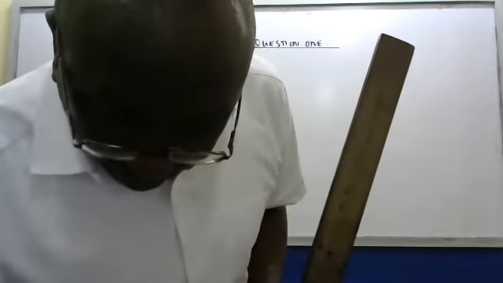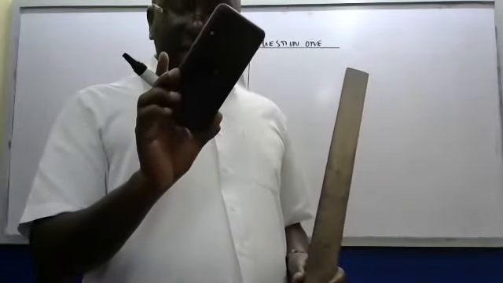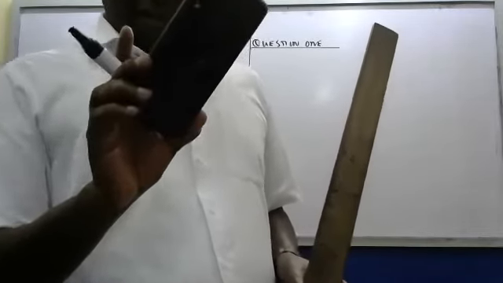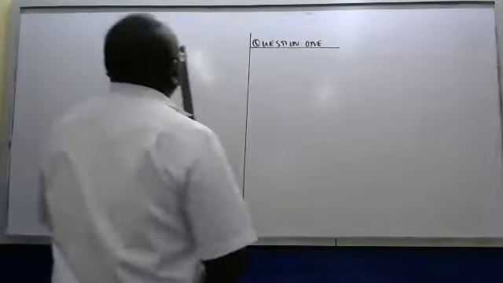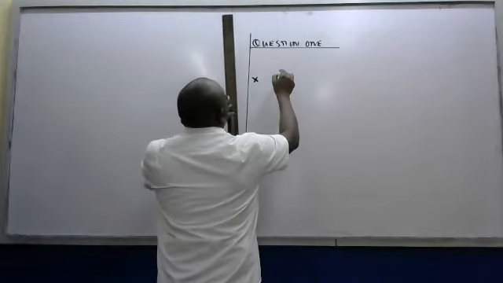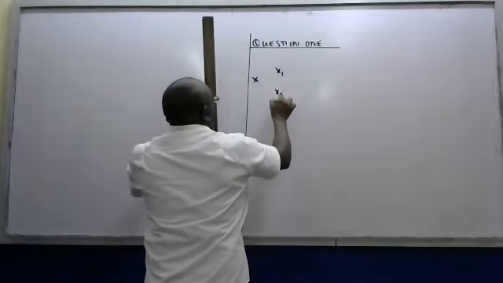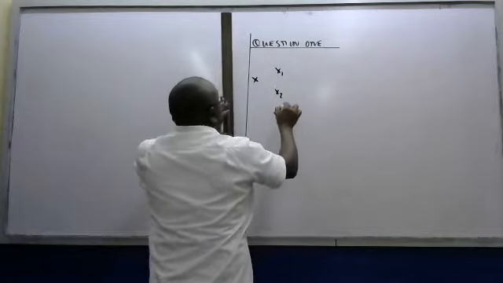Question number one has two participants. There are X and Y, and their strategies. So here we have X, who has strategies X1, X2, and X3.